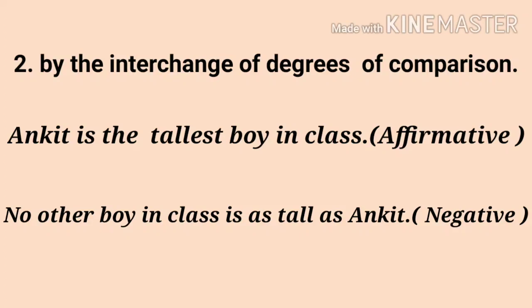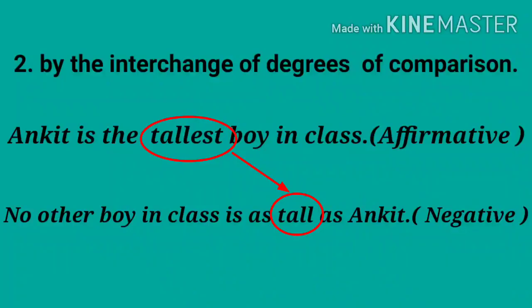This becomes a negative sentence. So the adjective tallest, which is in the superlative degree, has been changed to tall, which is in the positive degree. So by changing the degree of comparison, we have changed an affirmative sentence into a negative one.